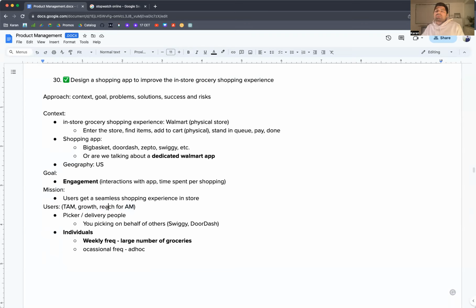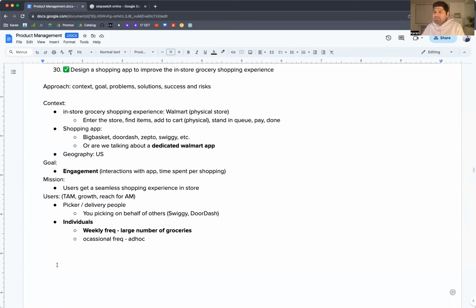Because there are these users who are now starting to shop for grocery from DoorDash, Swiggy, and other marketplaces. And hence it is probably a critical time for players such as Walmart to have a seamless in-store shopping experience for themselves. Okay, so that's essentially our user segment.